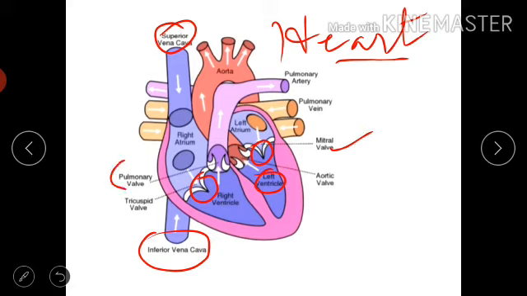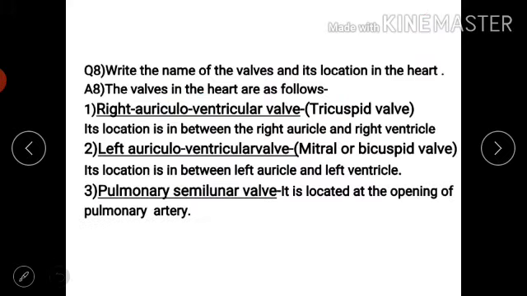This one is pulmonary valve, left auricle, left ventricle, right auricle, right ventricle. This one is superior vena cava, inferior vena cava, pulmonary vein, pulmonary artery. These are the different parts of the heart.